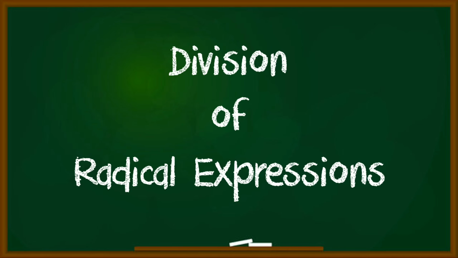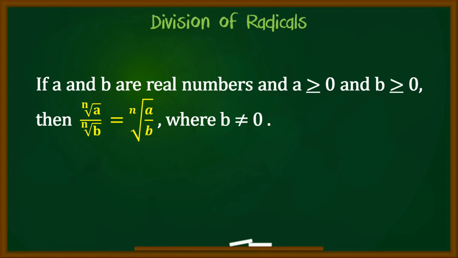Let's now proceed to division of radical expressions. If a and b are real numbers and a is greater than or equal to 0 and b is greater than or equal to 0, then the nth root of a over the nth root of b is equal to the nth root of a over b, where b is not equal to 0.